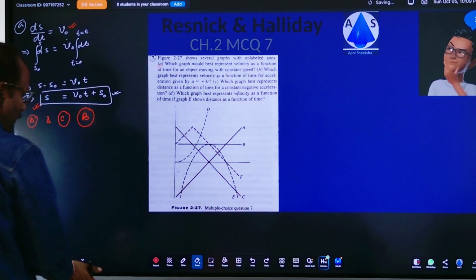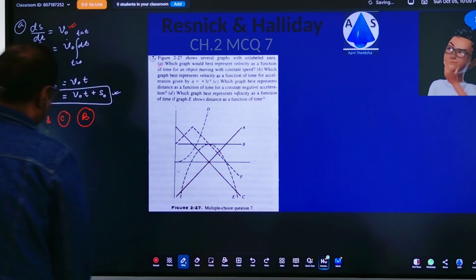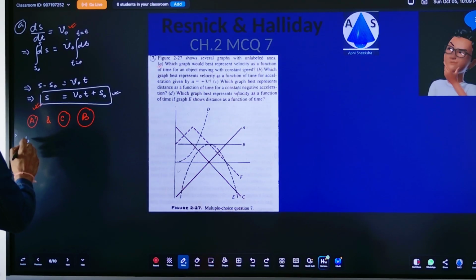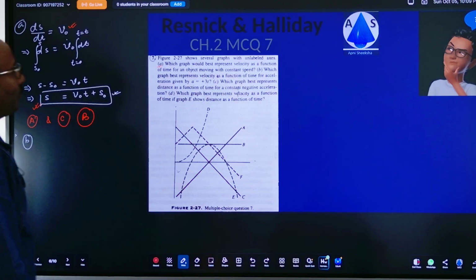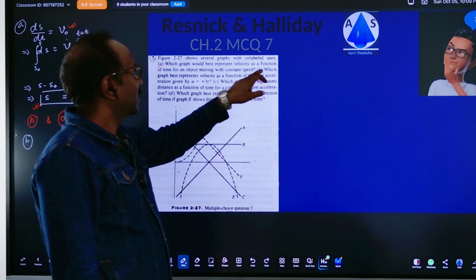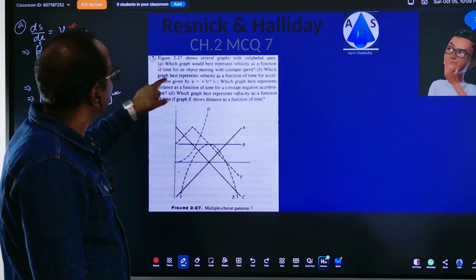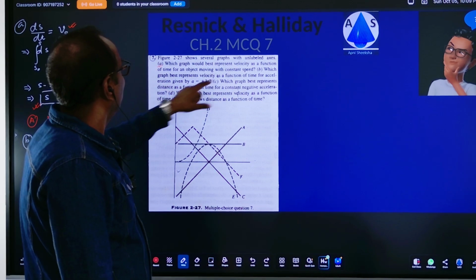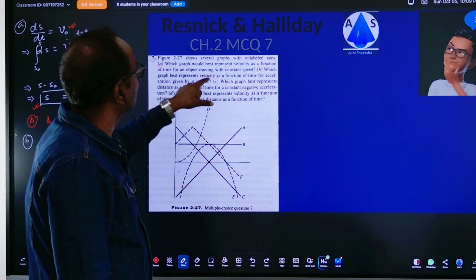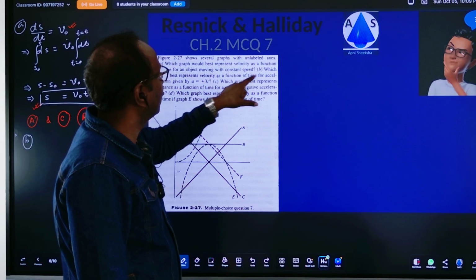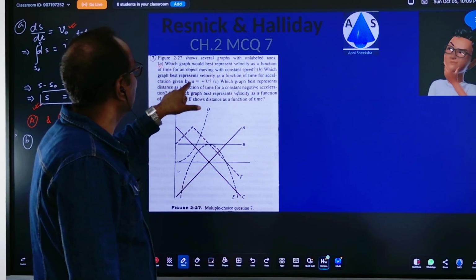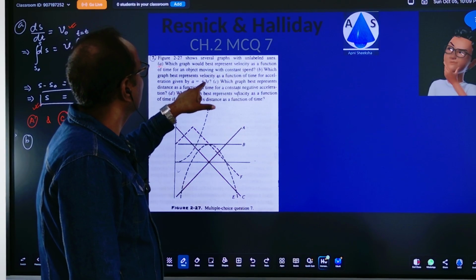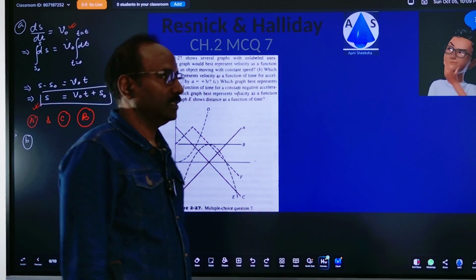Now let us go for part B. Which graph best represents velocity as a function of time for acceleration given by a is equal to plus 3t.